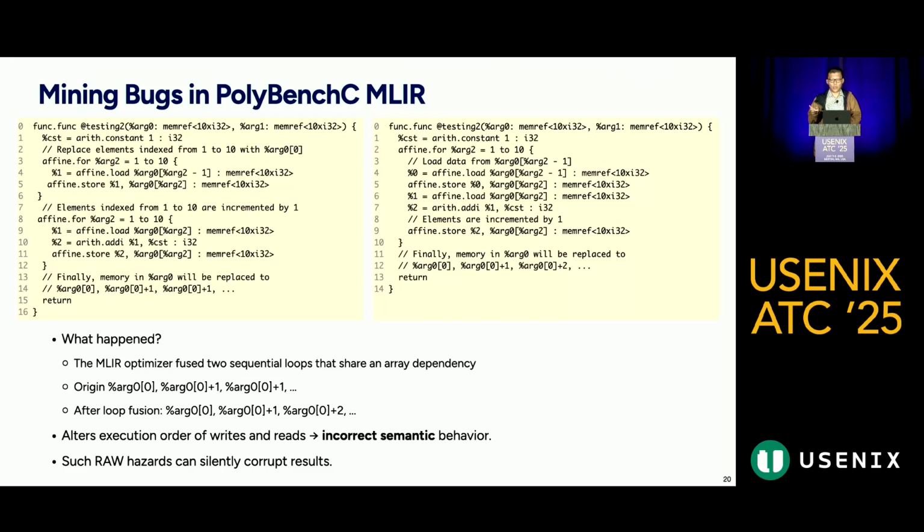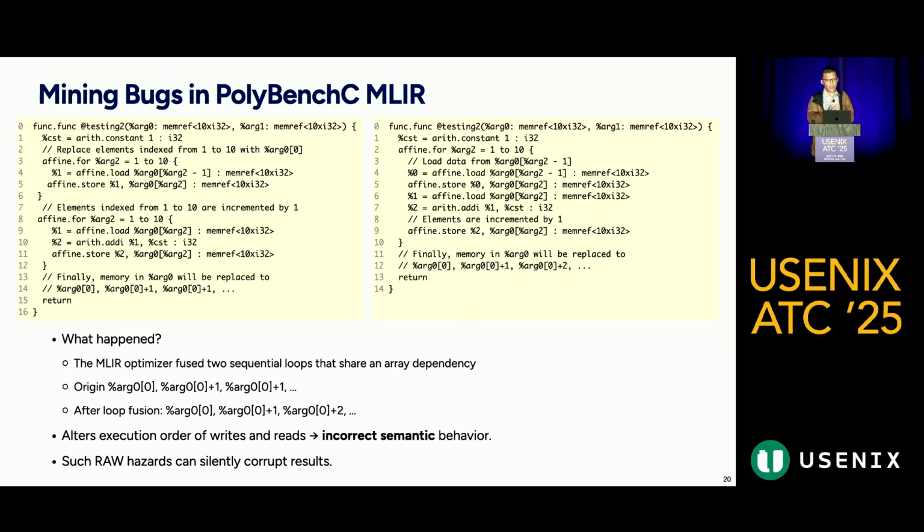However, in the right code, we fuse the loops, and the right code will break the data dependence. We can see on the left code, the correct output is that every element is incremented by 1 except the index 0. However, for the right code, all of the elements are incremented.